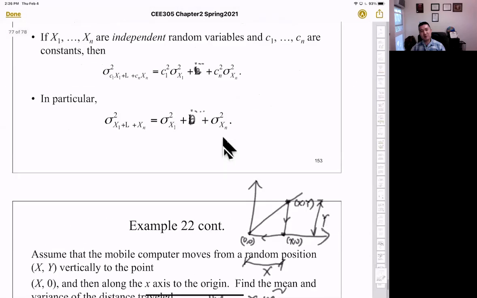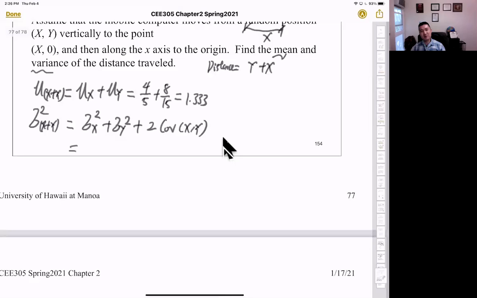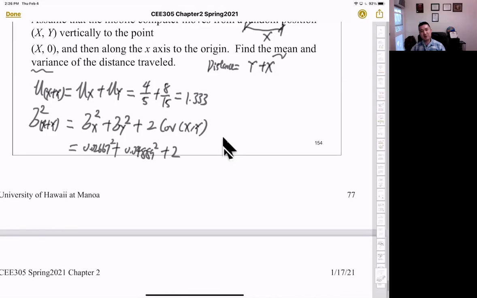And luckily we get sigma x and sigma y as 0.04, and also the covariance is all resolved.